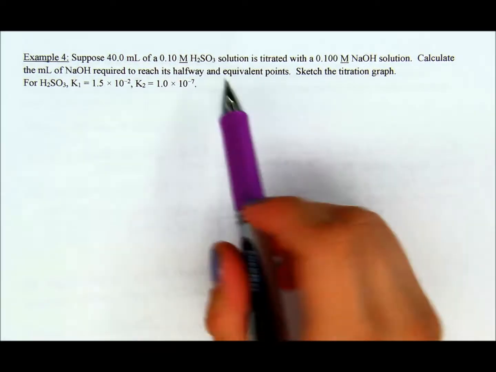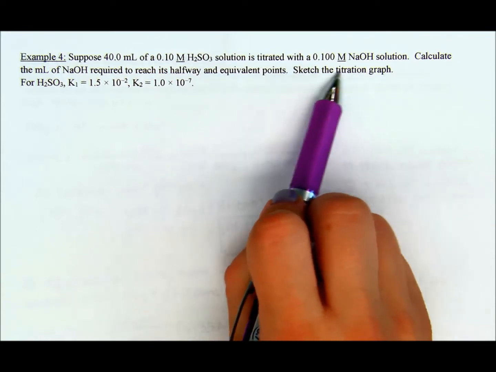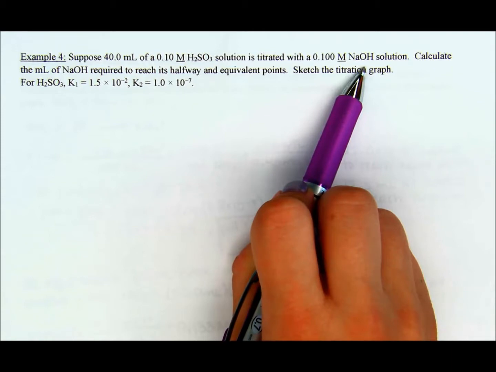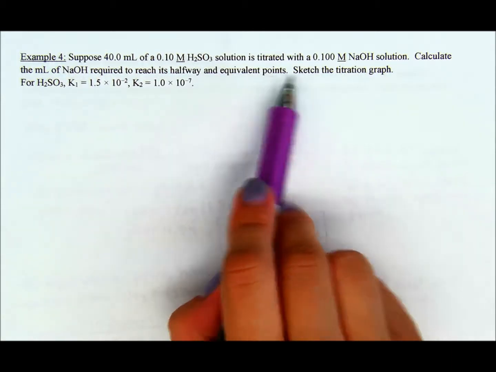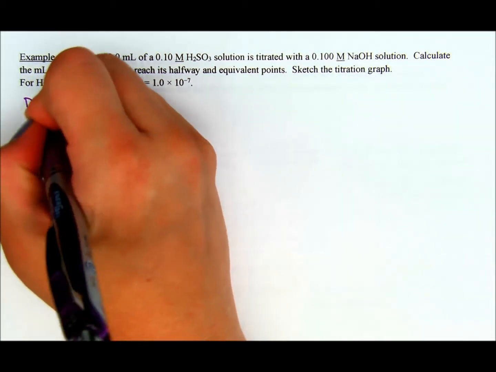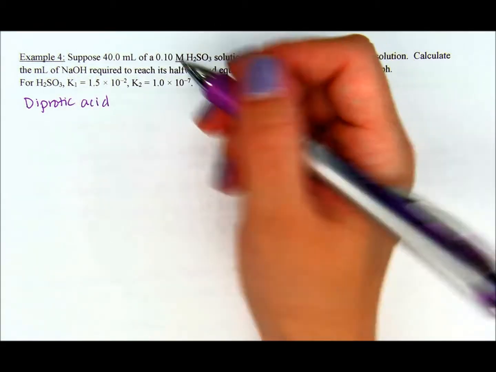So it's diprotic, meaning it has 2 hydrogens to remove here. And it's titrated with a 0.1 molar sodium hydroxide solution. That's a strong base. Calculate the milliliters of sodium hydroxide required to reach its halfway point and equivalence points. Sketch the graph. Alright, so this is a diprotic acid. That means 2 halfway points and 2 equivalence points.